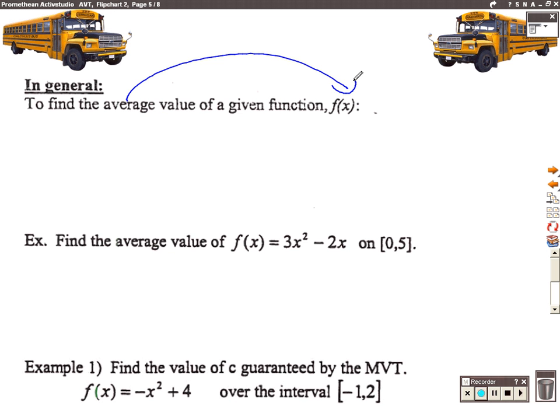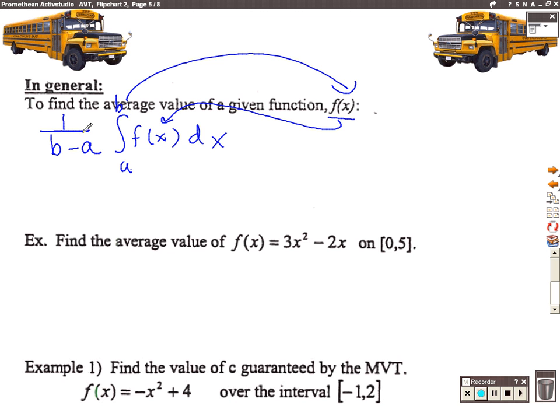And so that's going to be 1 over b minus a, the integral from a to b of f of x dx. And that's how you're always going to find it. So we're starting with the function of f of x. We find the antiderivative to go backwards. We have a given interval, a time interval from a to b, and we have to divide by that time, and so that's the 1 over b minus a.